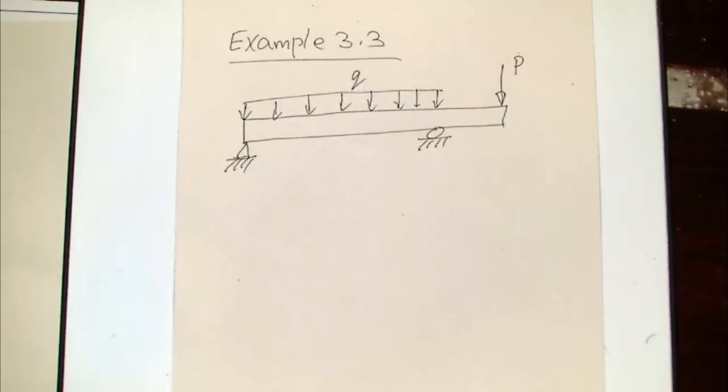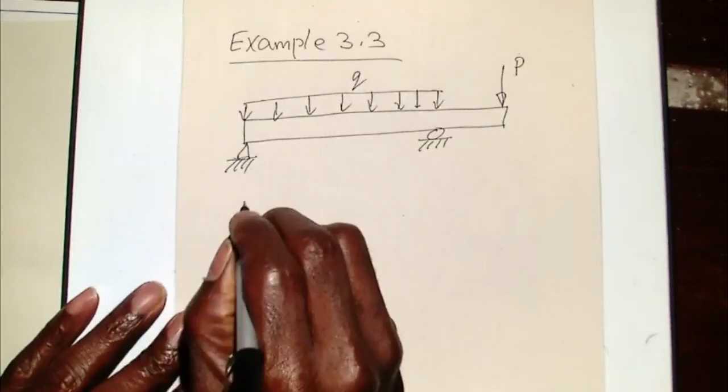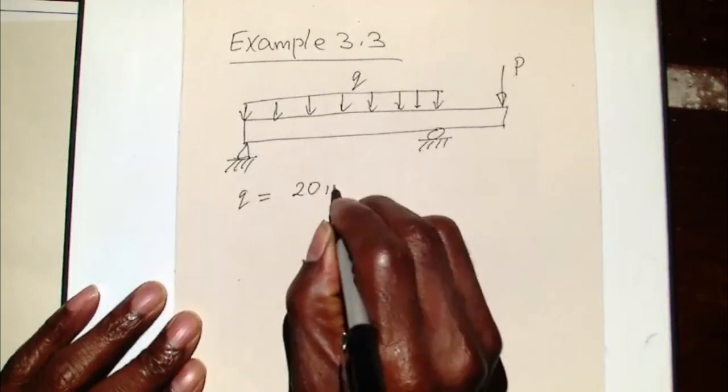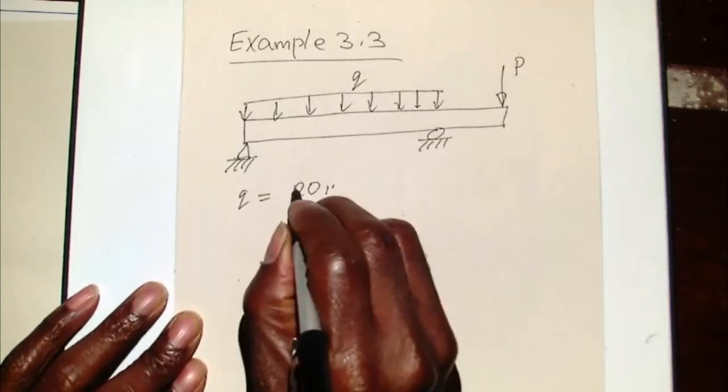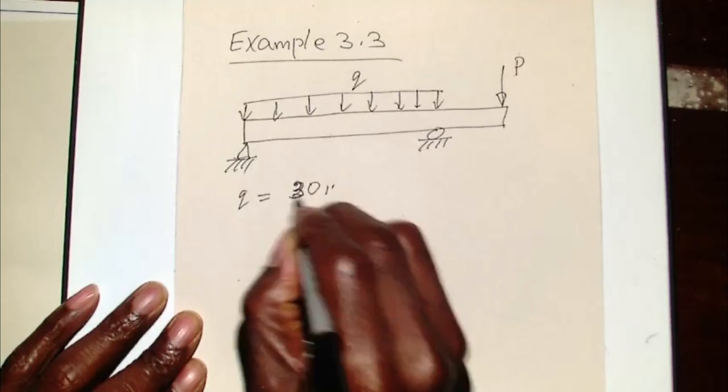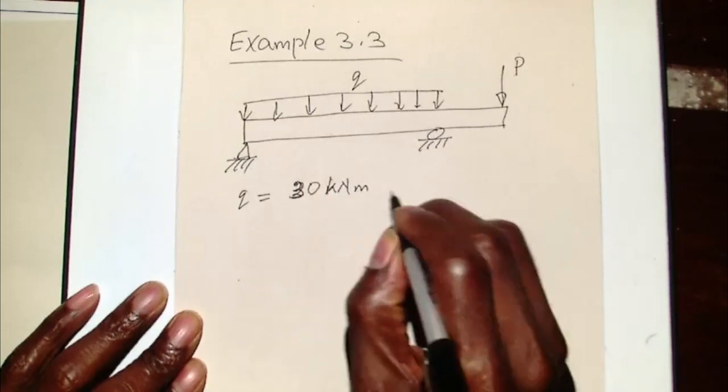So I will rewrite the values again. We were given q to be 30 kilonewton per meter.